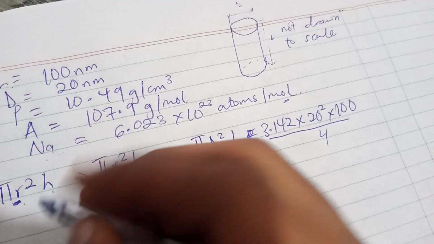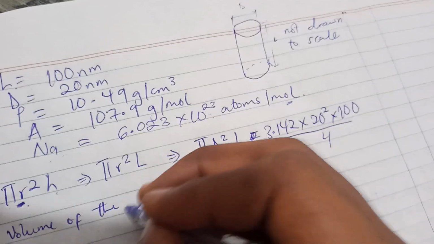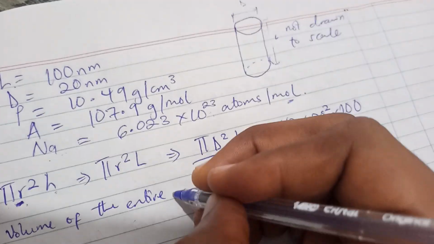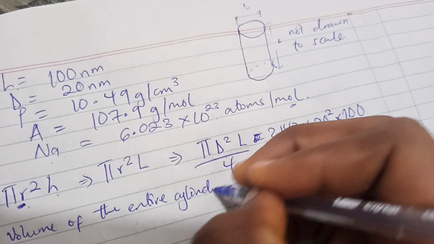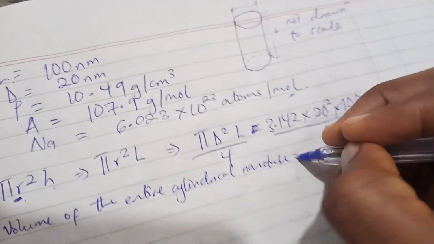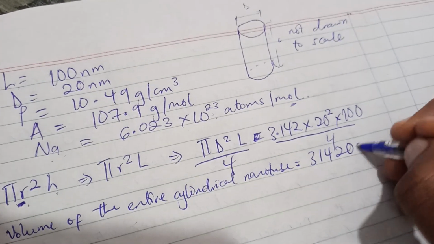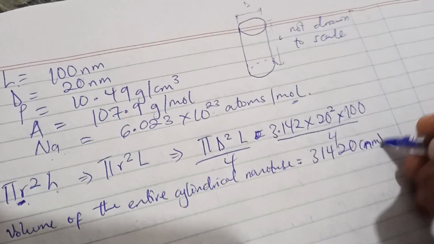And I have the volume of the entire cylindrical nanotube to be 31420, because it's volume, nanometers cube.